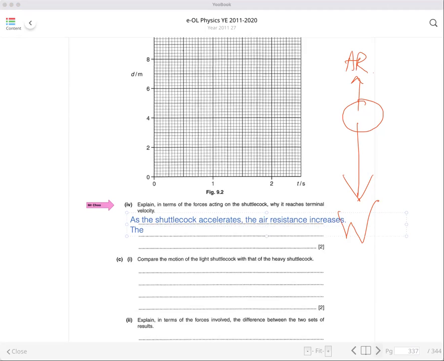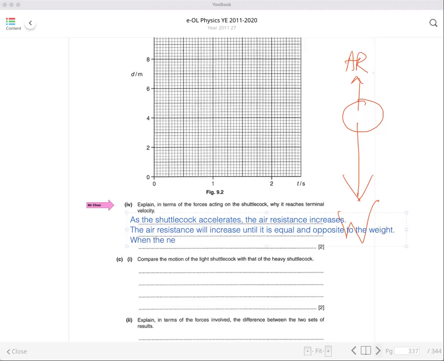The air resistance will increase until it is equal and opposite to the weight.